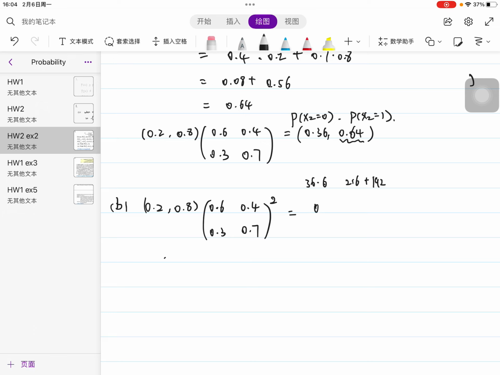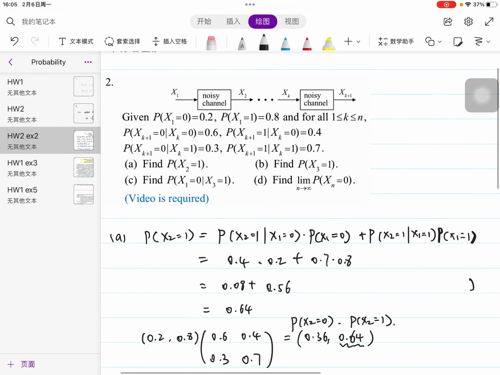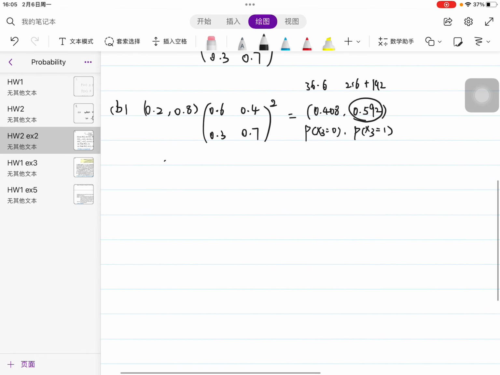So the answer is 0.408 and 0.592. And here, that is the probability of x3 equals 0 and x3 equals 1. And here 0.592 is our answer.